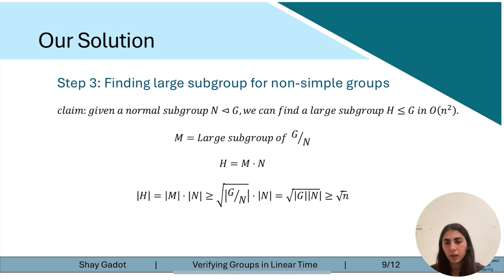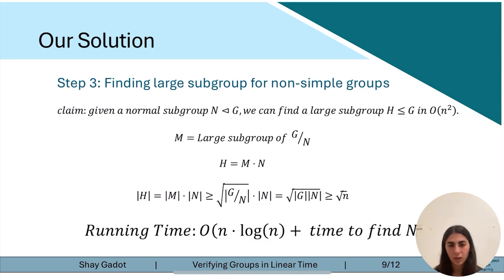We take M to be the large subgroup of G over N, which actually, as we understand, makes the algorithm recursive. And we define H, the large subgroup, to be M multiplied by N. We show in our paper that this is indeed a subgroup of G, and concerning the size, we get that the size of H is the size of M multiplied by the size of N, giving us size bigger or equal to square root of the size of G divided by N, multiplied by the size of N, giving us eventually a size bigger or equal to square root of n, as we initially wanted.